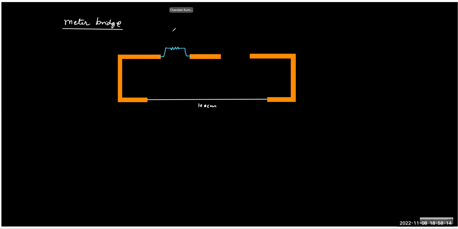This is called the left gap, for the obvious reason. This is called the right gap. Towards the left gap we take 0, and towards the right gap we take 100. When you connect a source of energy or a battery, the positive terminal of the battery must be connected on the left gap.